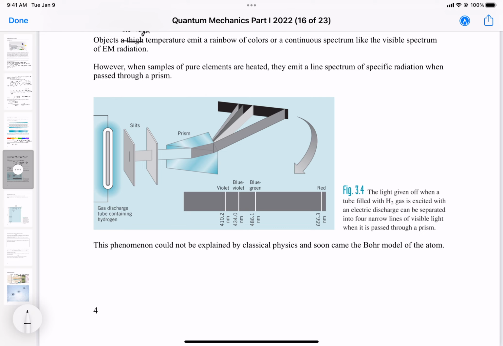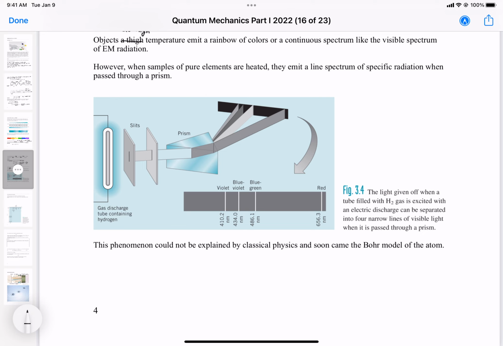This puzzled physicists and chemists at the time, mainly physicists, because they couldn't explain this observation with classical physics or classical mechanics. Then Niels Bohr came around, and this observation is one of the cornerstones of his atomic model of the atom.